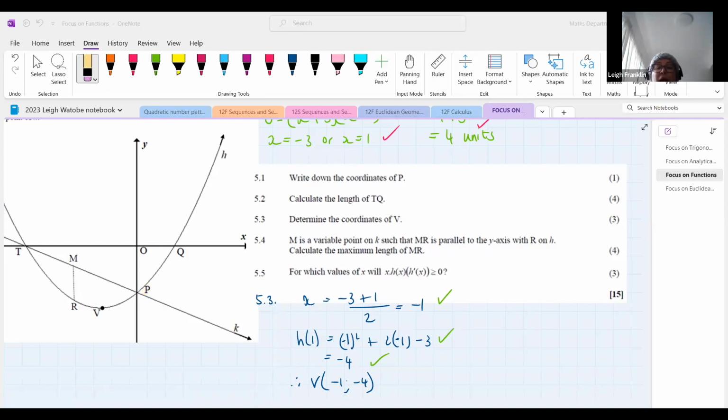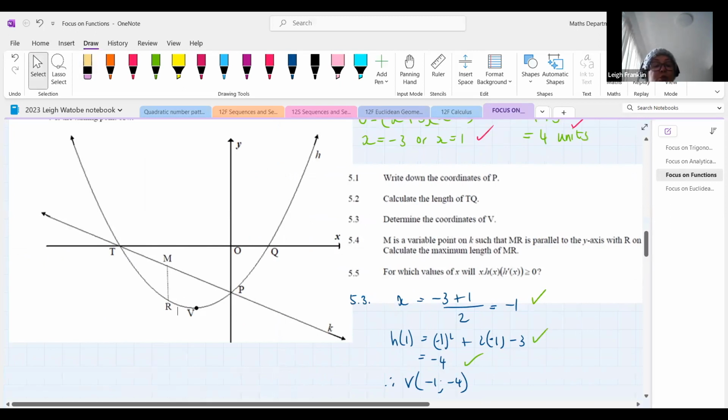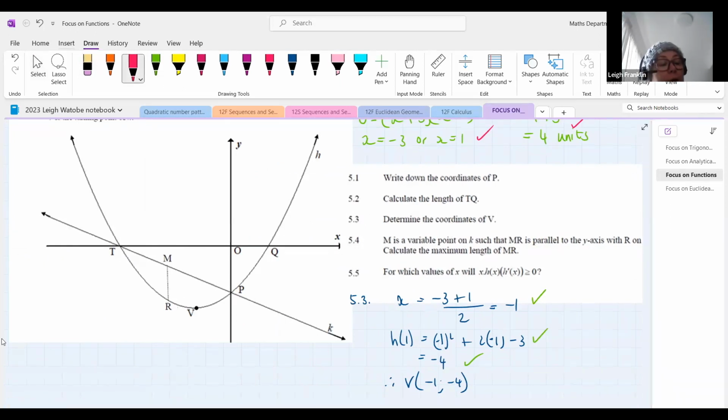Okay, so first of all, we need to get an expression for MR using the y at M minus the y at R, like we did in that previous question. Okay, so we know that the length of MR is the y at M minus the y at R. What is the y at M?